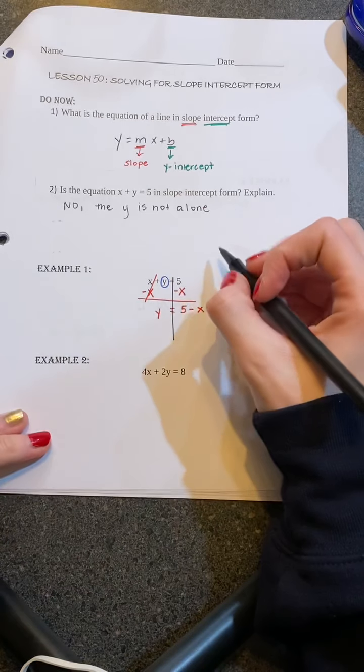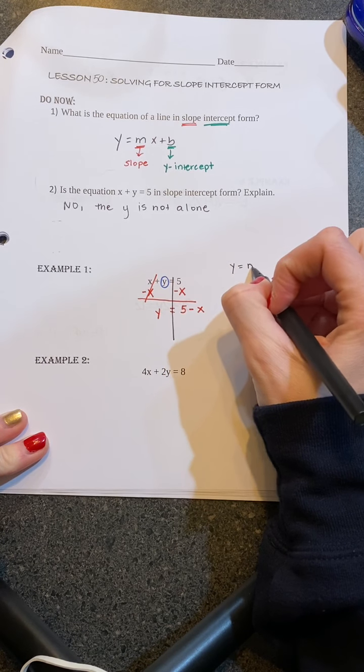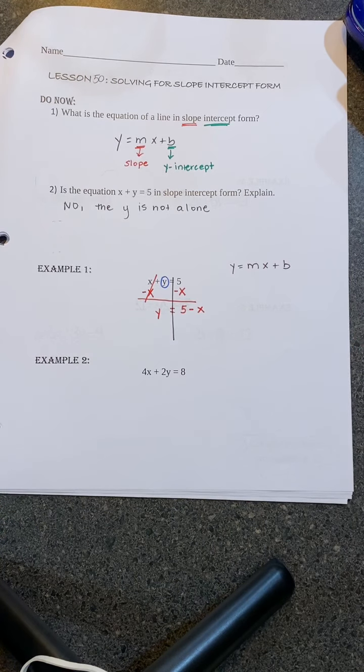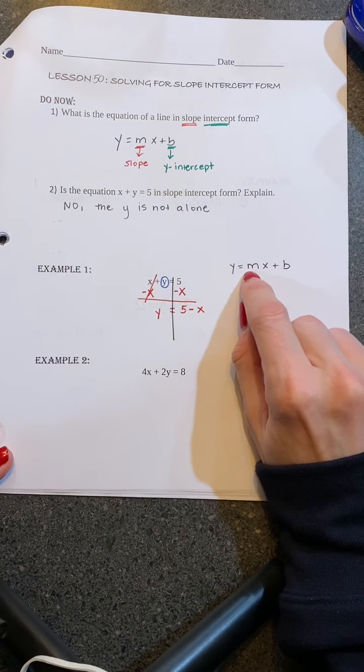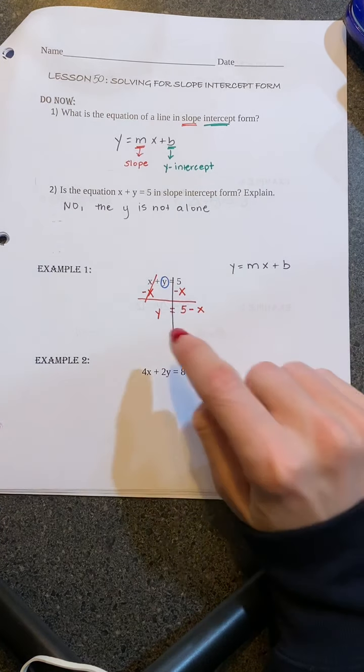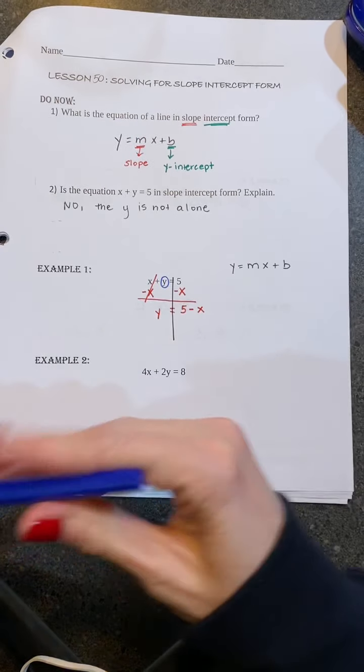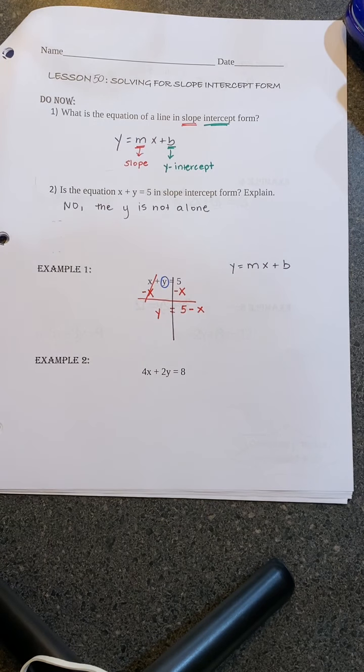But we need this in slope-intercept form. Y equals mx plus b form. Notice with this formula, the x is what comes first, and that y-intercept, or that number that's alone, comes second. So we actually need to switch the order around here for this one.